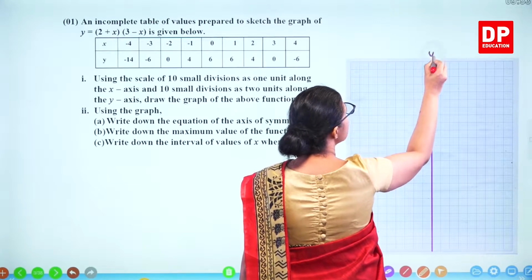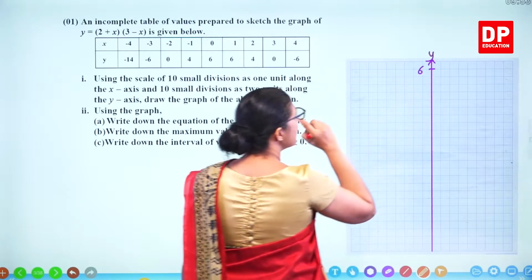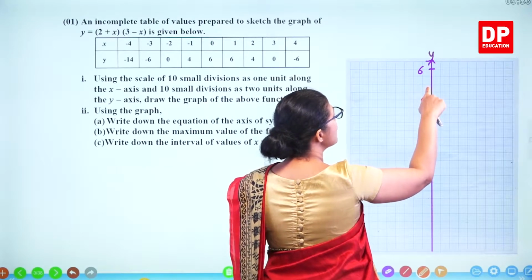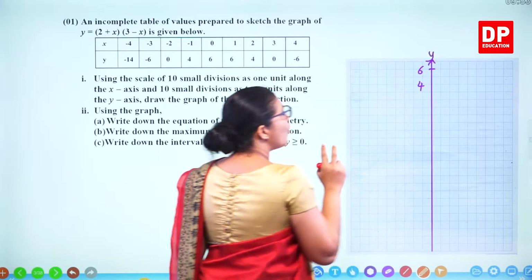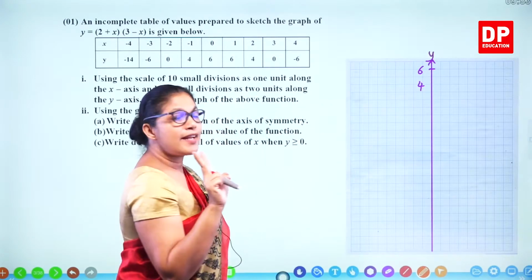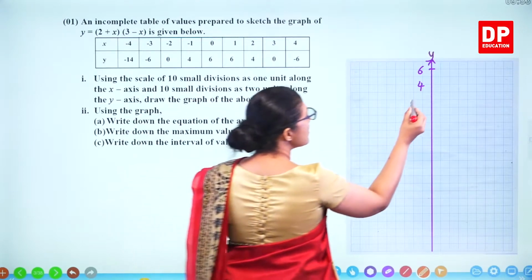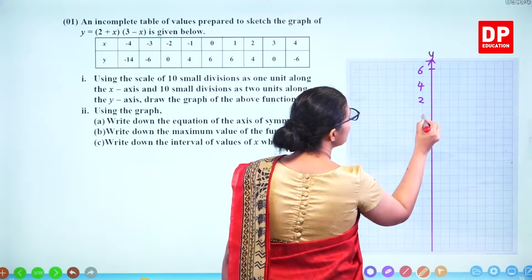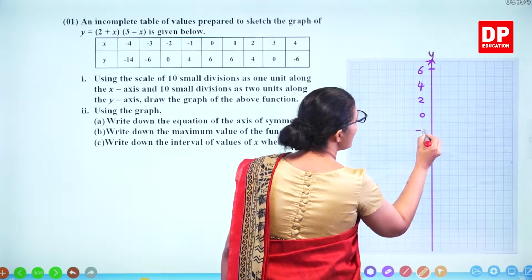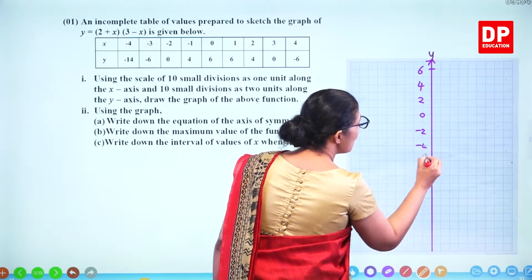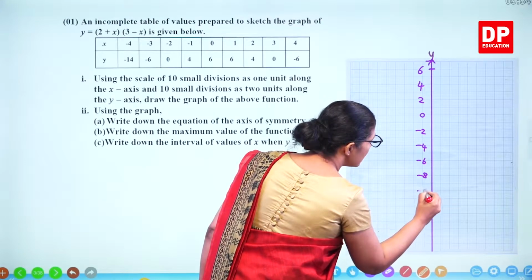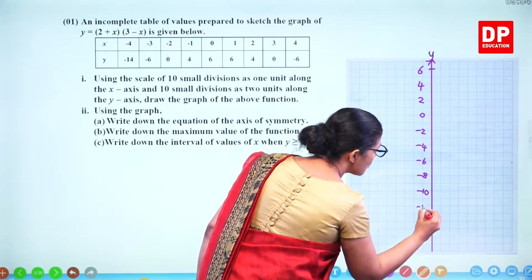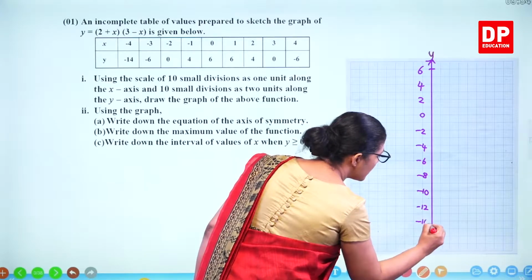So this is the y-axis, 6. So 2 units, what is this value then? This becomes 4. 2 units, 10 squares. This is 2, 0, minus 2, minus 4, minus 6, minus 8, minus 10, minus 12, minus 14.